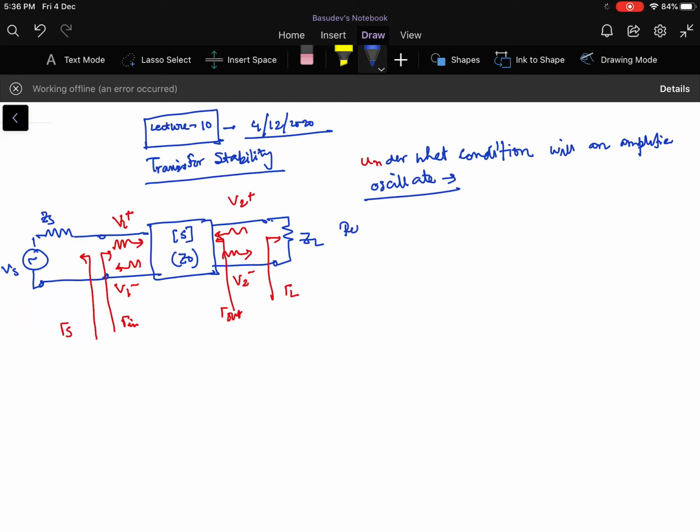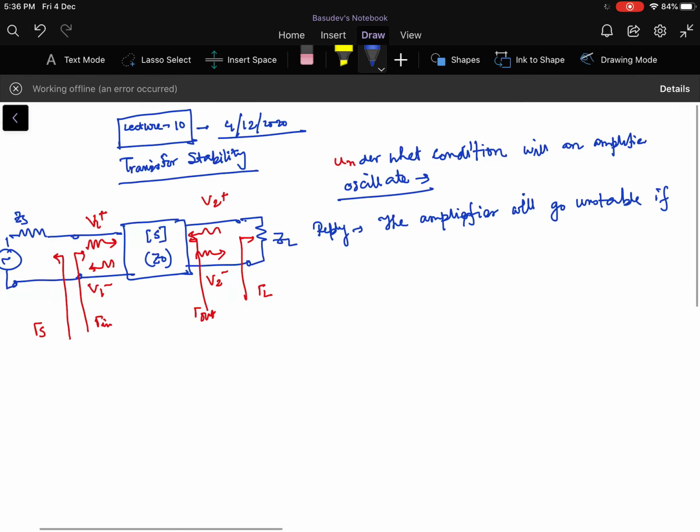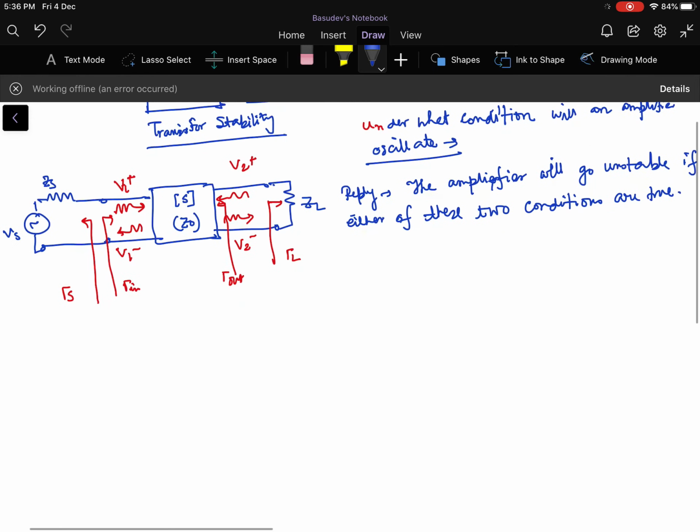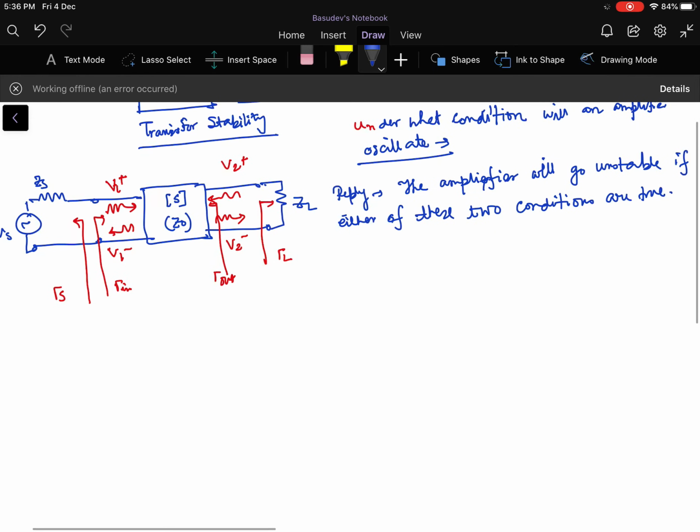So the answer to my question is the amplifier will go unstable if either of these two conditions are true. Any of the conditions, if it is true, then the amplifier will go unstable.